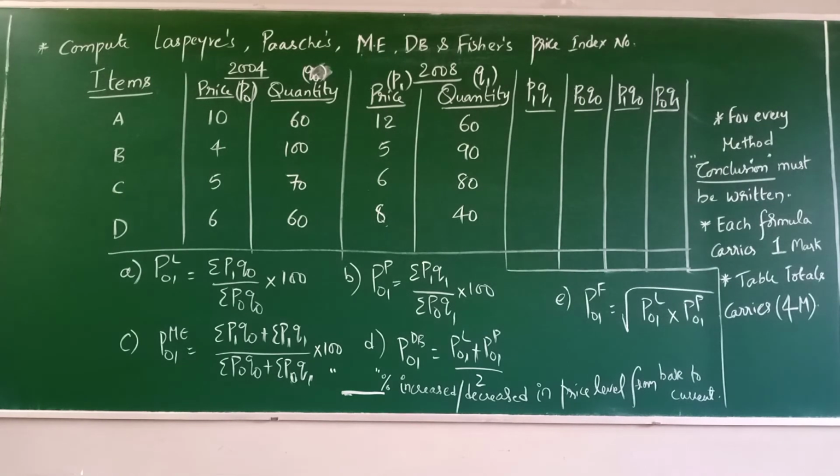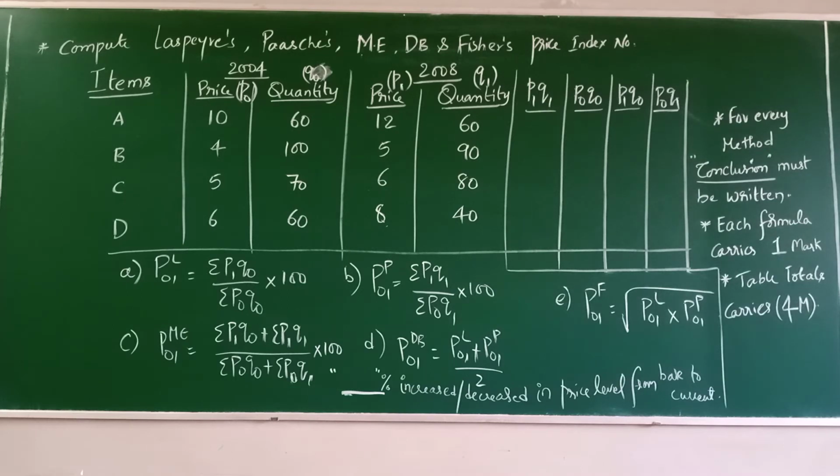So both these things, it is a price index, right? In the price level you have to observe how much percentage it has increased or decreased from base to current. This kind of conclusion has to be written for every method after the calculation, after the answer. Observing that up to 100 how much it is decreased, after 100 how much it is increased, that percentage has to be written for every method, remember.